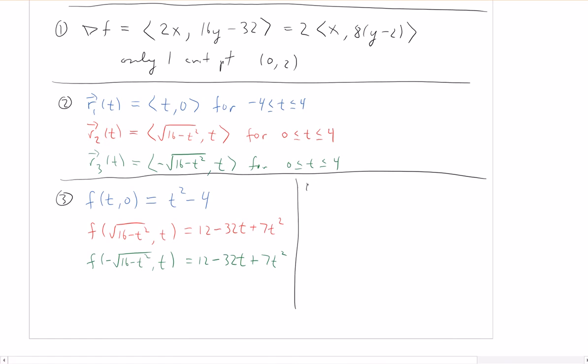So let's start step 4 over here. Step 4 is almost our final step. We need to take these functions of one variable and find the critical points of these.